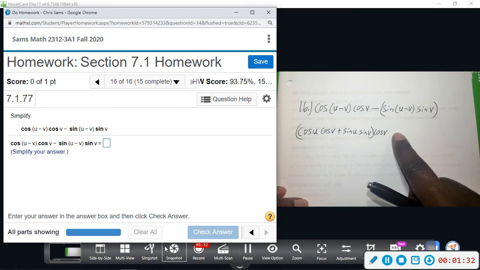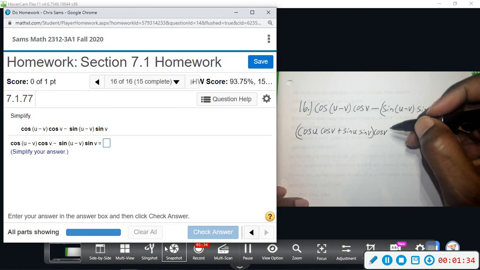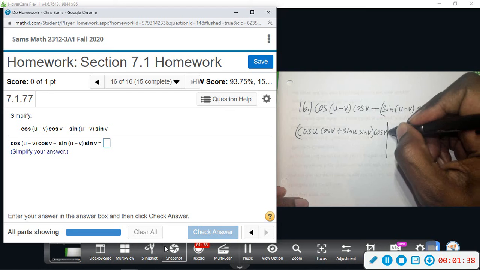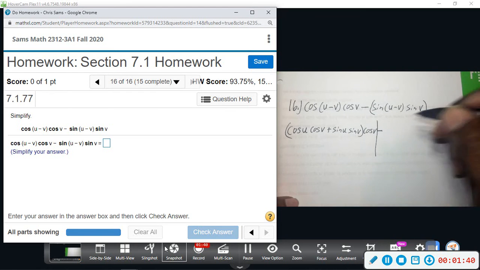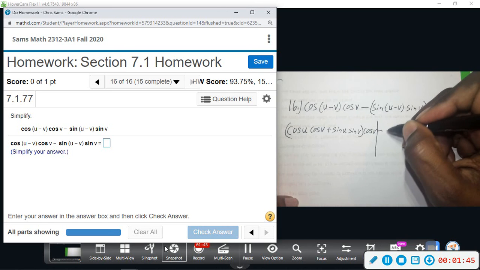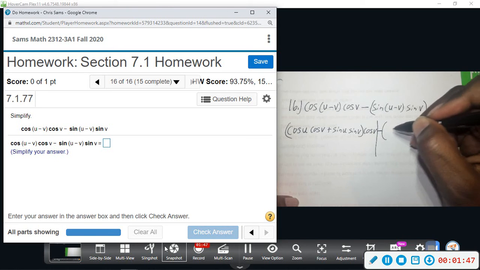Then on the other side, I have a minus. I'm kind of running out of room, but that minus we'll do after.